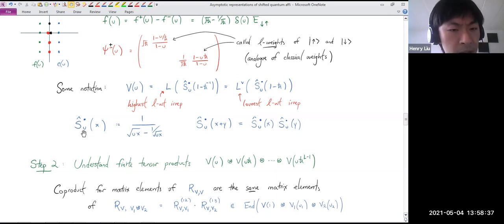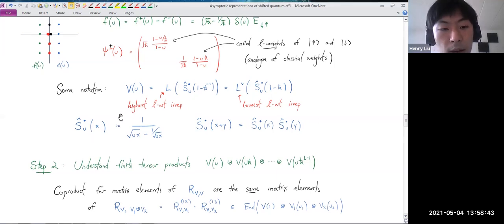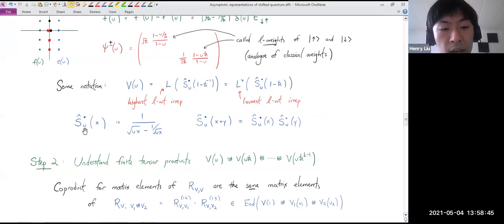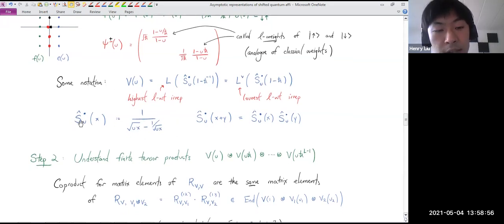Here, this subscript u is just there for convenience. u, remember, is our evaluation parameter, and having this u here just means every time x appears, u appears with it. And this S hat is defined to be a homomorphism for these weights.